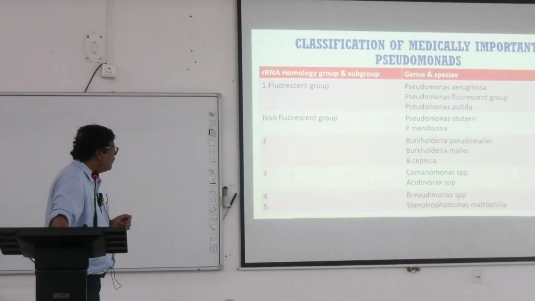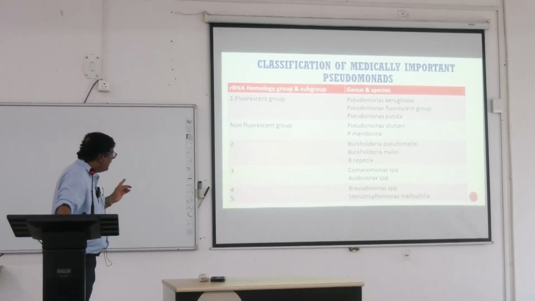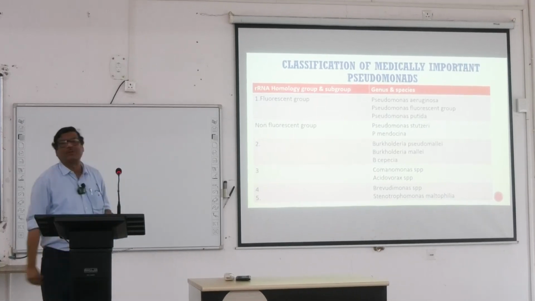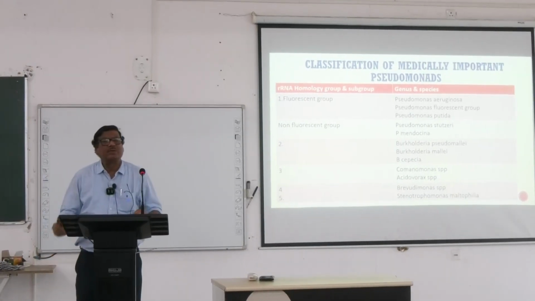Comamonas and Acidovorax are rarely seen. Brevundimonas, group 4, are rarely seen. Stenotrophomonas maltophilia is really fatal, and it is present in almost 90% of cases if the ventilator is not properly maintained or sterilized. It is usually the cause of ventilator associated pneumonia.